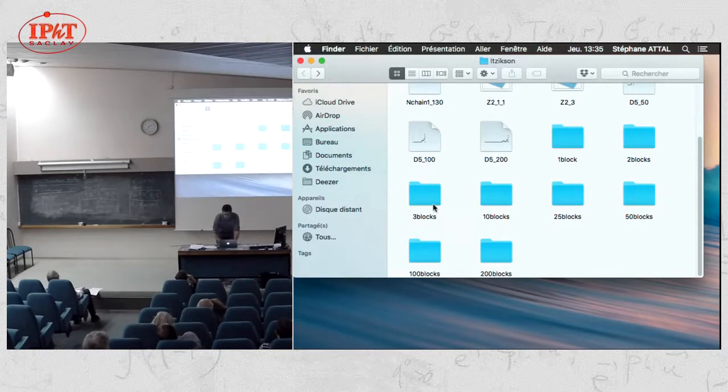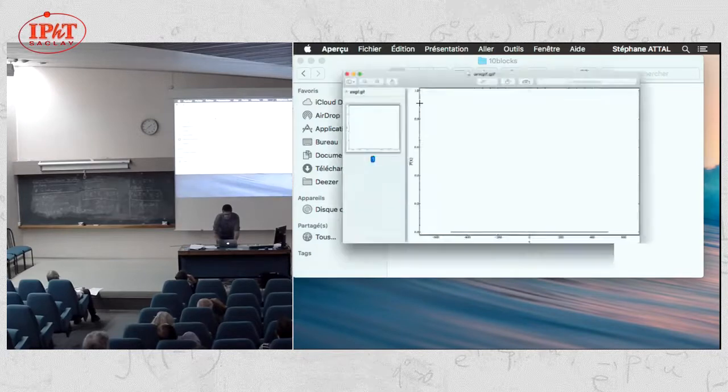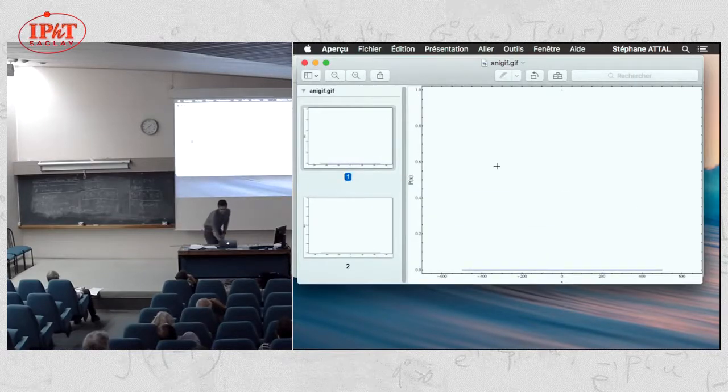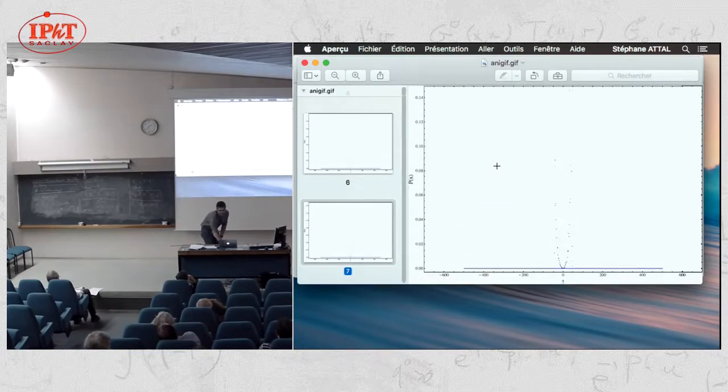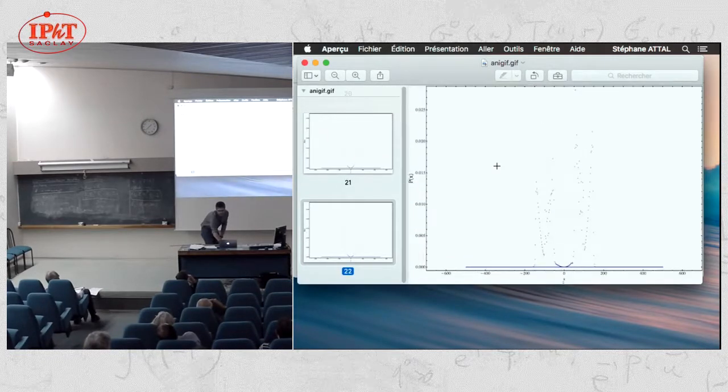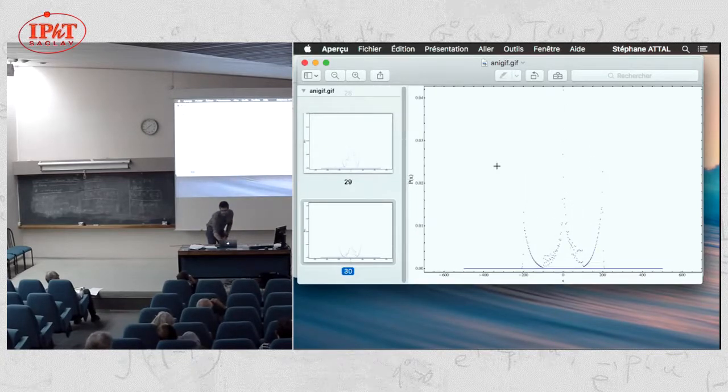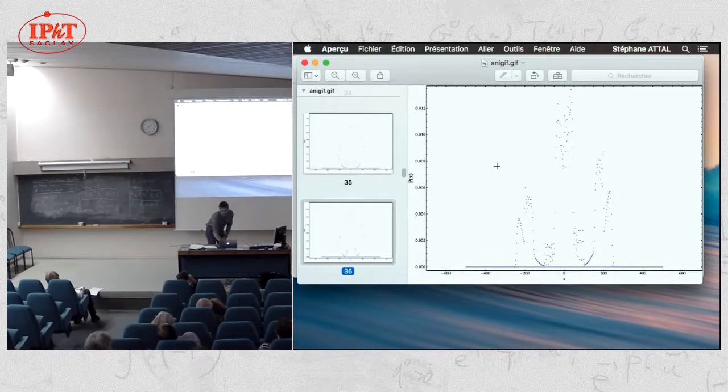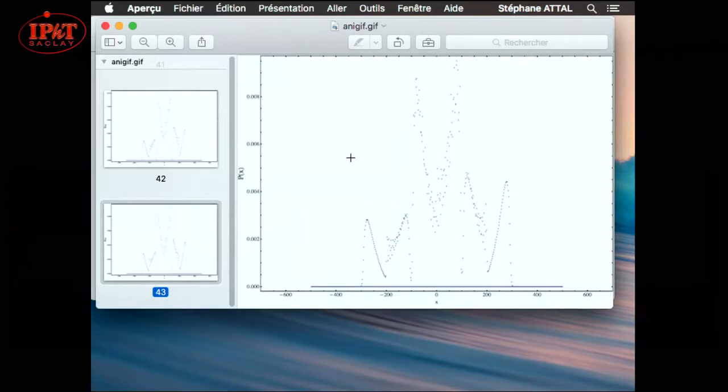Let me show you our example. So let's go to 10 blocks. Maybe more interesting. So you start from 0. Okay, so you see the Adamar thing. So now it's spreading, so it meets the blocks, so the things are really starting. So you see a kind of big mess.